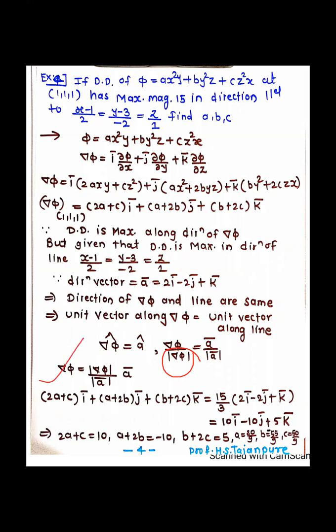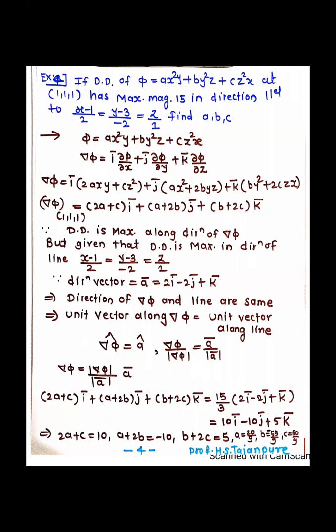Now put all the values here. Substitute del phi, then substitute the magnitude of del phi, 15, and the magnitude of a, that is 3, and a bar, that is 2i bar minus 2j bar plus k bar.